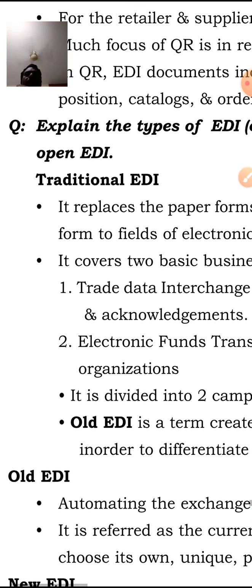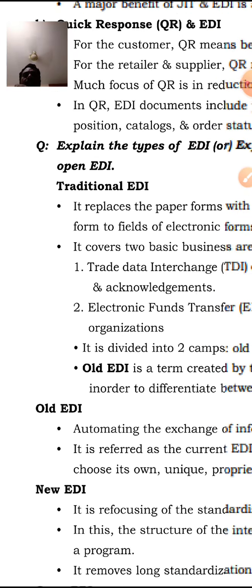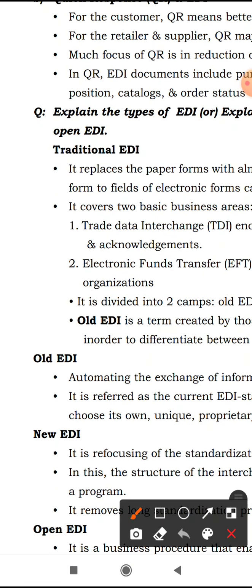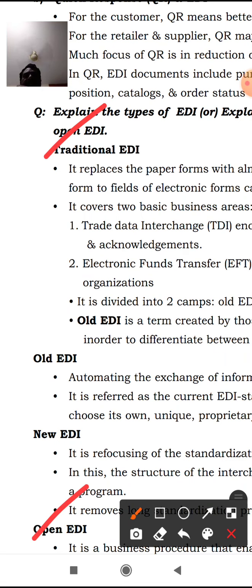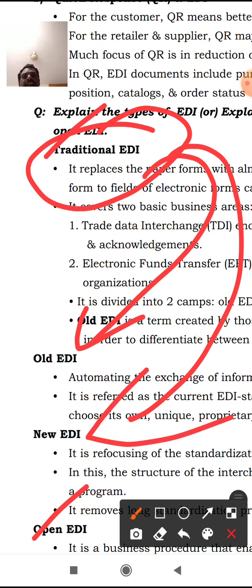The EDIs available in the market are mainly of two types: number one, traditional EDI, and number two, open EDI. Traditional EDI is again classified into old EDI and new EDI.